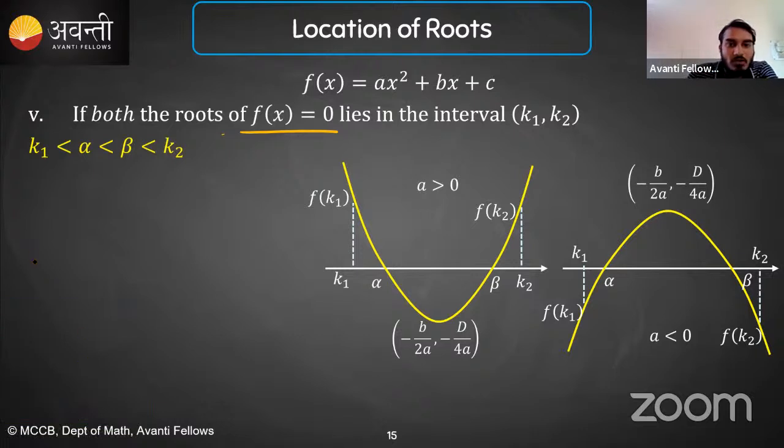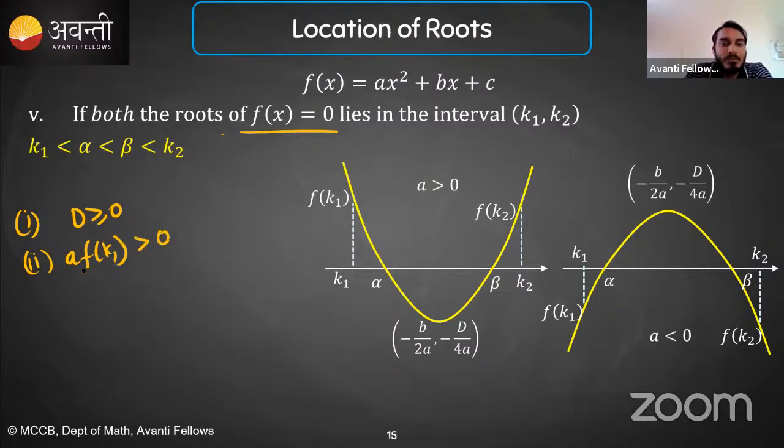Now what should be the condition? First of all, if both roots are present, it means D should be greater than or equal to 0. Second, a into f of k1 is greater than 0. Third condition is a into f of k2 is greater than 0.